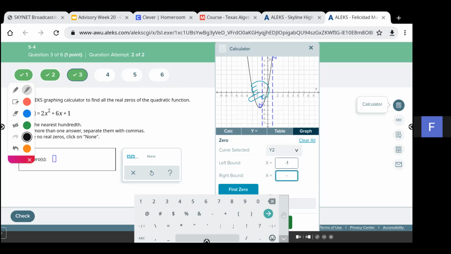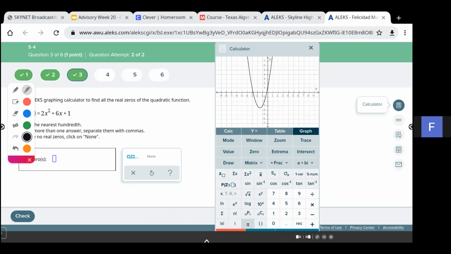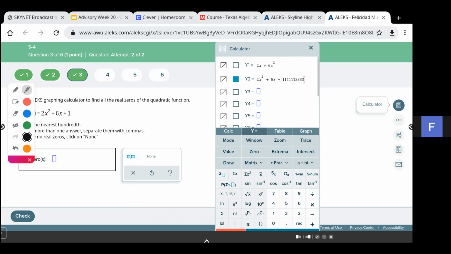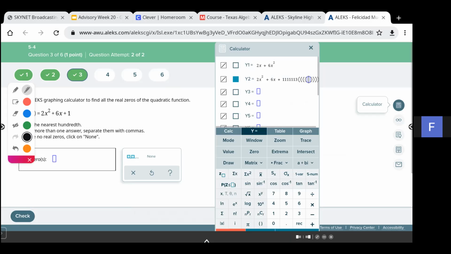So in theory, it should let me do the other one. It's not actually letting me do all this stuff. Reopen it, so I can actually see the bottom here.